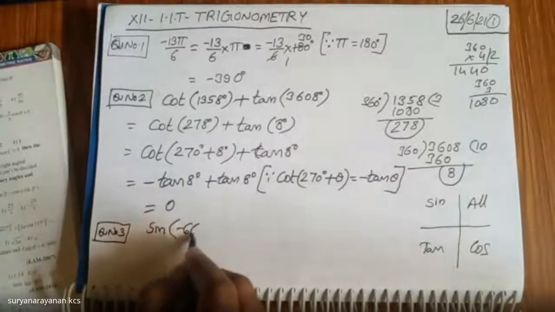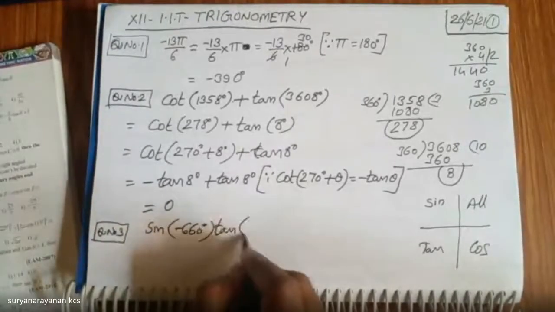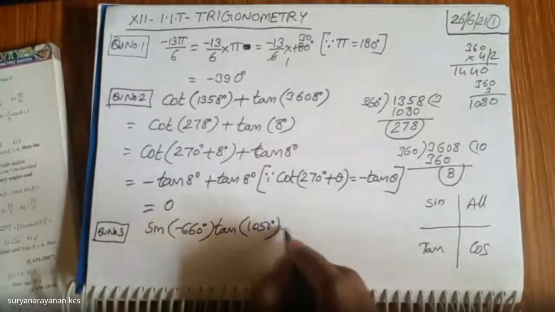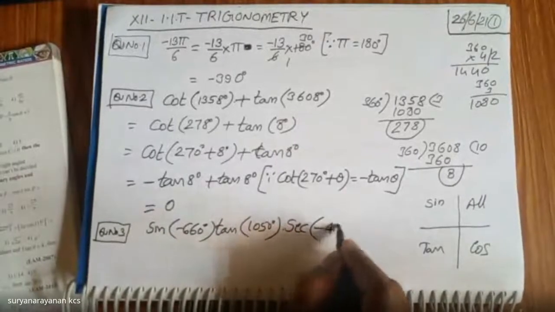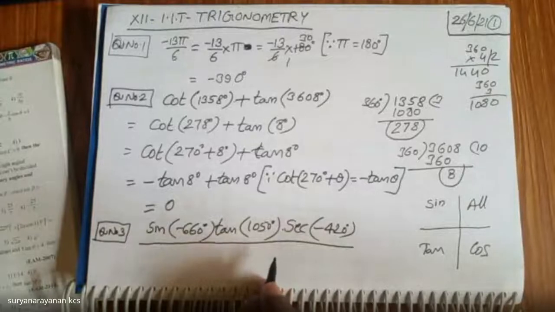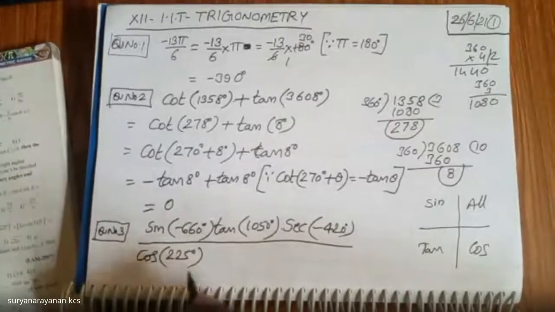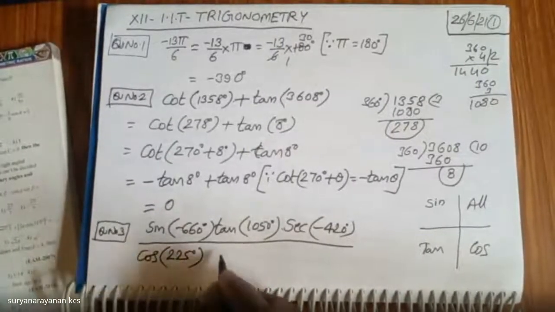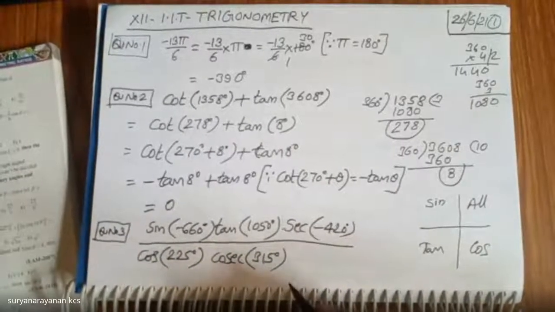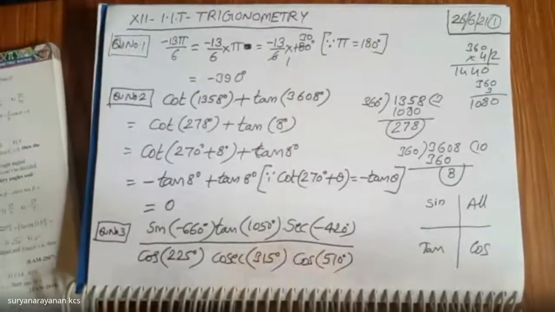Sine of minus 660 degrees, tan of 1050 degrees into secant of minus 420 degrees, whole divided by cos of 225 degrees, cosecant of 315 degrees into cos of 510 degrees.